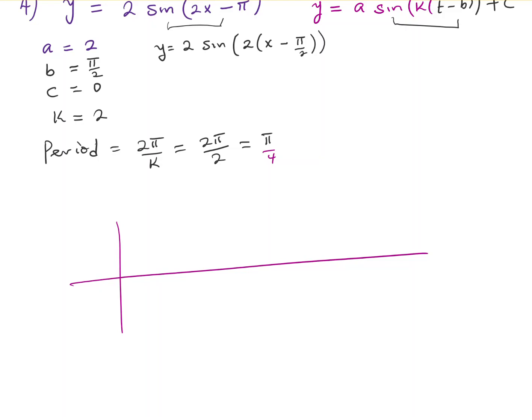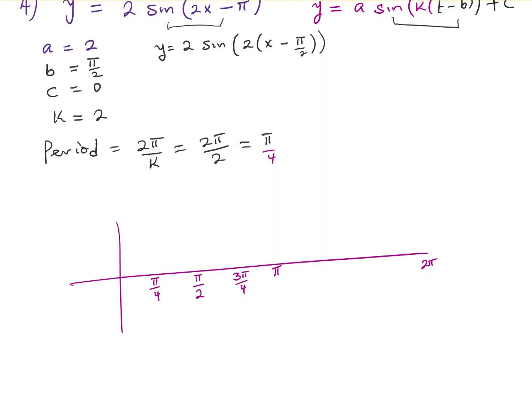So if the period is pi, meaning that we complete a cycle on pi, we complete the second one on 2 pi. So focusing on this, the halfway to this is half of pi, so here will be pi by 2. So pi by 4. This should be 3 pi by 4, I guess.